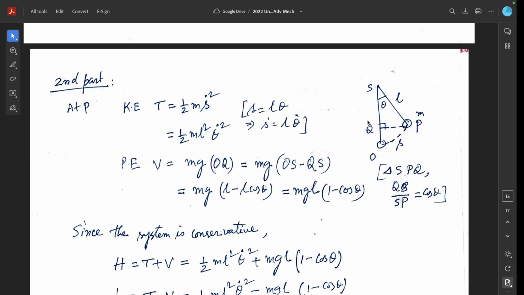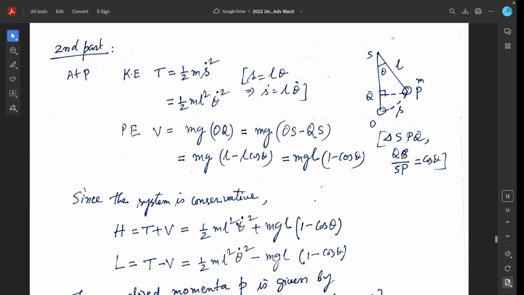From the right angle triangle, QS by SP, base by hypotenuse, equals cos theta. So from this, L minus L cos theta equals this. So V equals mgl (1 minus cos theta).